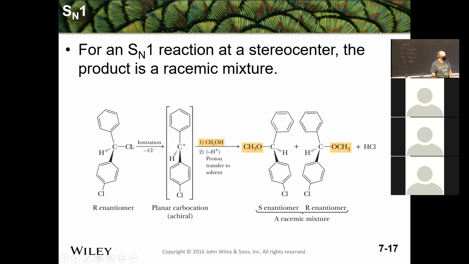All right, so the first step is ionization, and then methanol could attack from either side, and when that happens, we'll get a racemic mixture. We'll get both enantiomers in equal amounts.